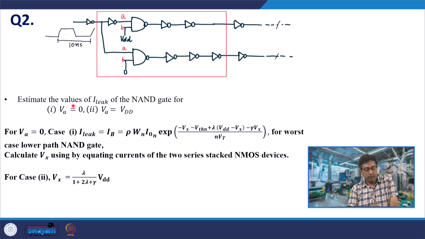In this next problem, the first part is that you estimate the leakage current of the 2 input NAND gate, for VA being 0 and VA being VDD. VB is always 0. So, this is a NAND gate which will not switch because of the change in VA.